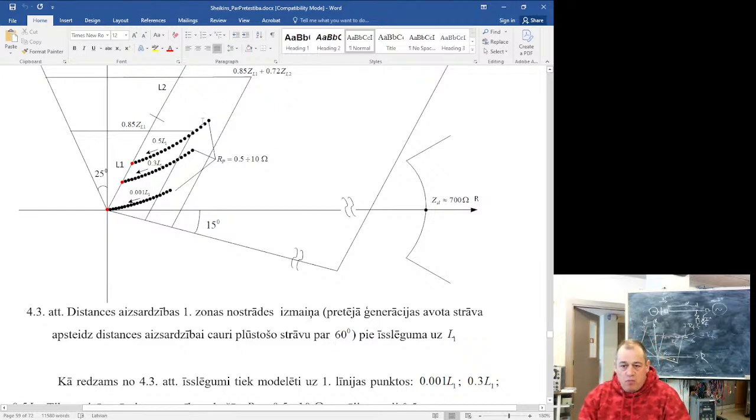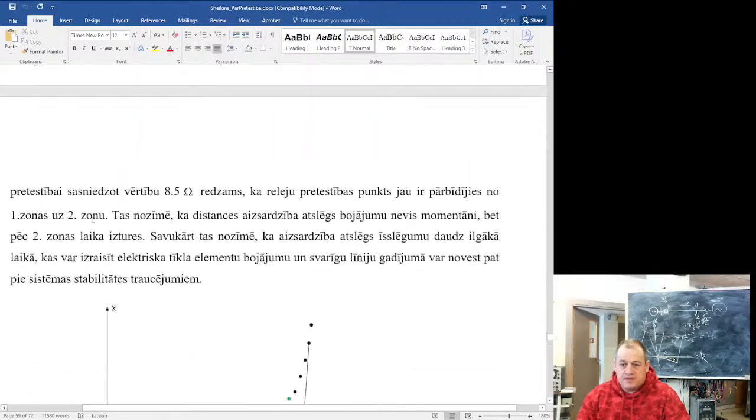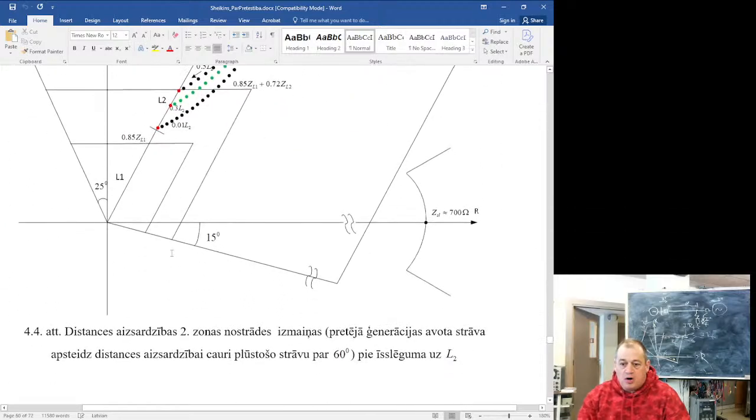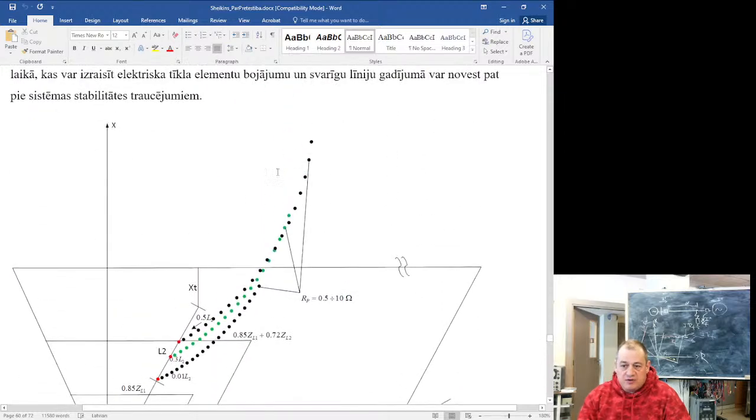You can see this is how resistance changes as observed by protection. More serious, 60 degrees and inflow from distance. This point is a trajectory. Protection relays will see this while the tree is burning.